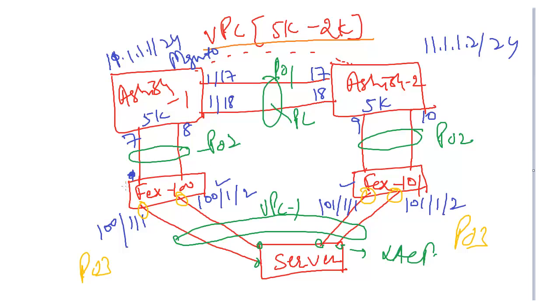Where is my cursor? It is gone. Okay, here it is. Sorry. This is the one. These four, I have bundled these into a teaming. Okay, team 1, and then enabled LACP. So that's the reason that I'm seeing status is up.